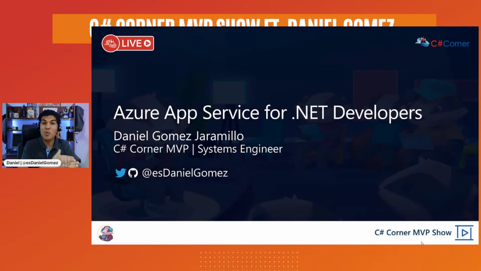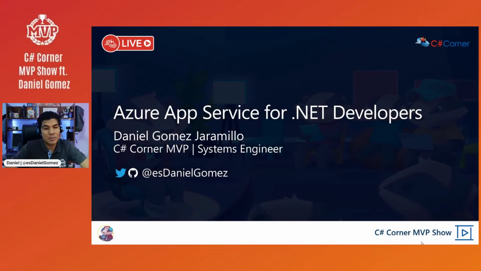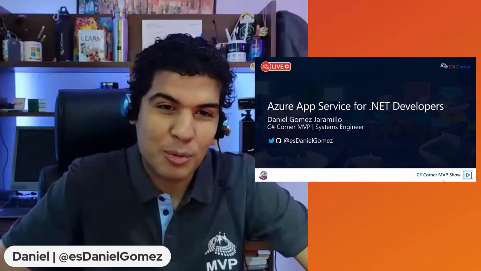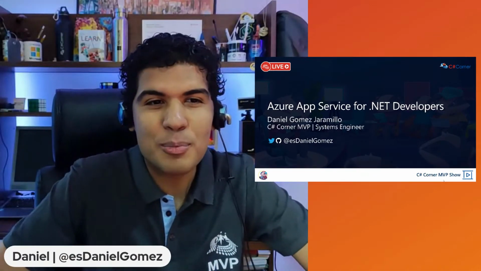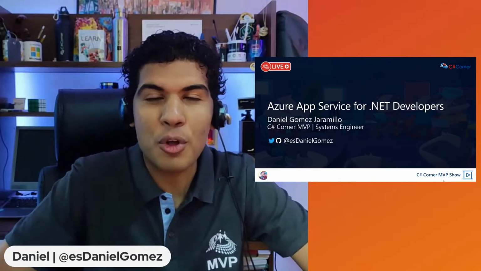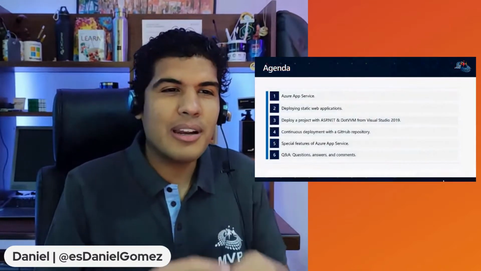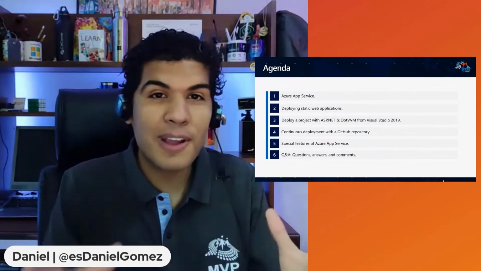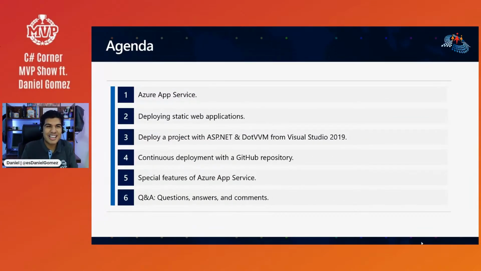So welcome again, everyone. Pleasure to be here. I'm Daniel Gomez, presenting Azure App Service for .NET developers at MVP Show. Today, we can learn about a first view of Azure App Service, and with this introduction, we can go to the practical section. In the first step, we can deploy static web applications.